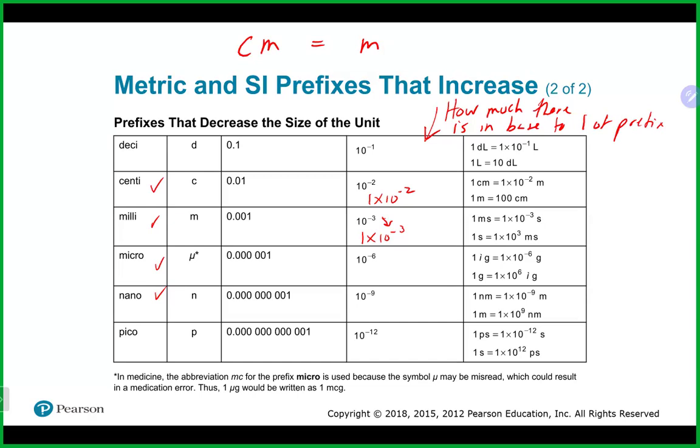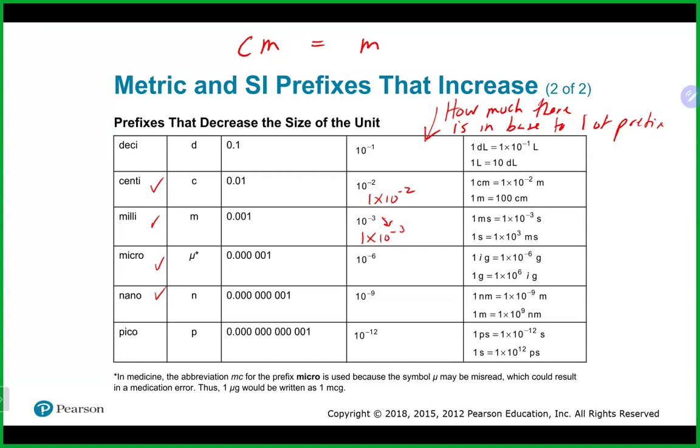First off, let's just keep it really simple here. The base unit in each of these, which is the base unit here? What unit's the same in both of them? Meters, right? So meters is our base unit here. The prefix unit here is the centimeters, right?